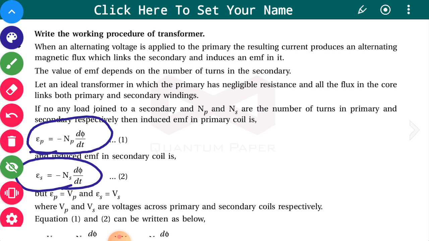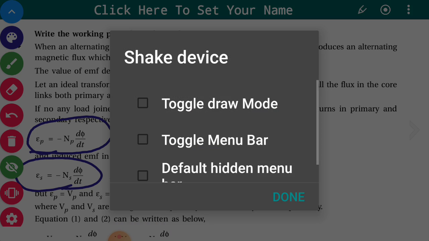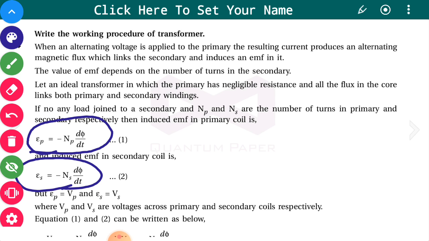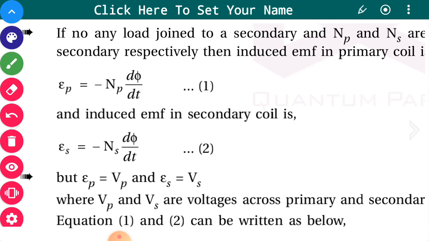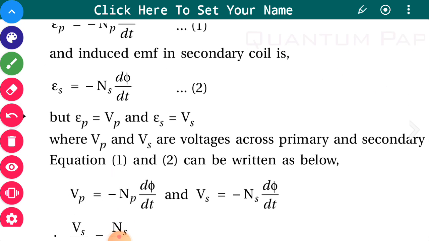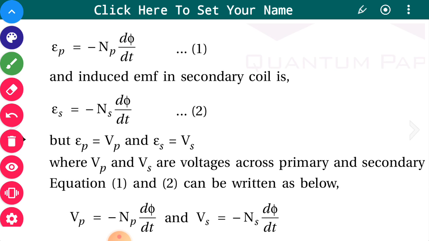Now we put Ep equal to Vp and Es equal to Vs, where Vp and Vs are the voltages across primary and secondary respectively. So instead of Ep, we shall write Vp, and here we shall write Vs.